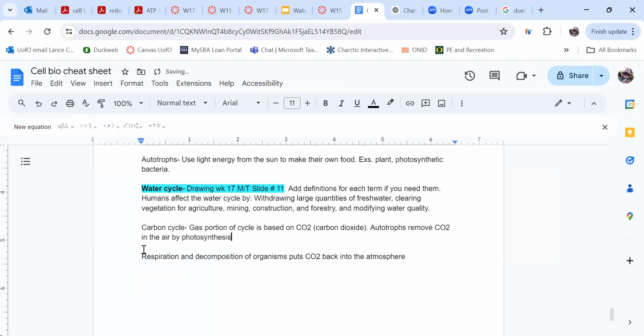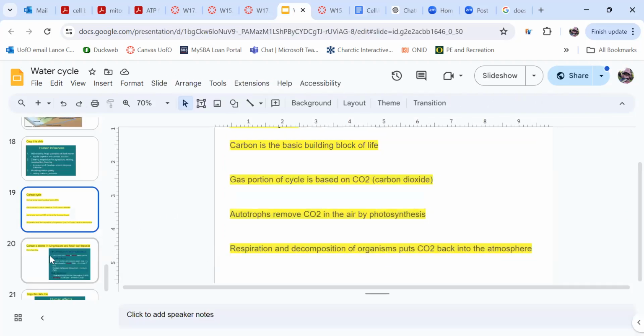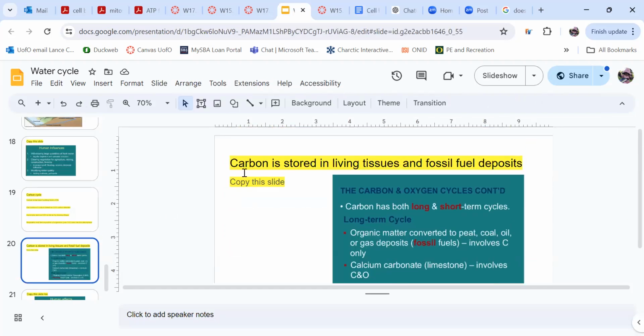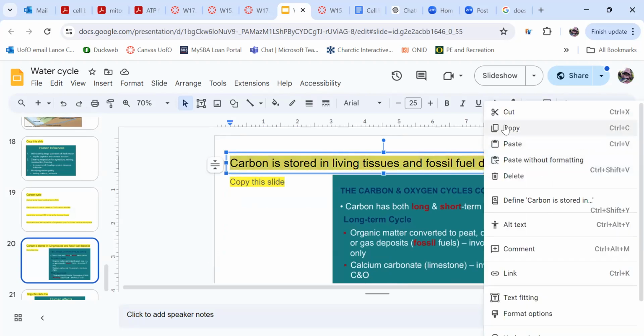Let's just write a paragraph of the whole cycle. Maybe we should do it like this. Yeah, make it more organized. Respiration, decomposition. And then the last one that we had to put was this one right here. Carbon is stored in living tissues and the fossil fuel deposits.